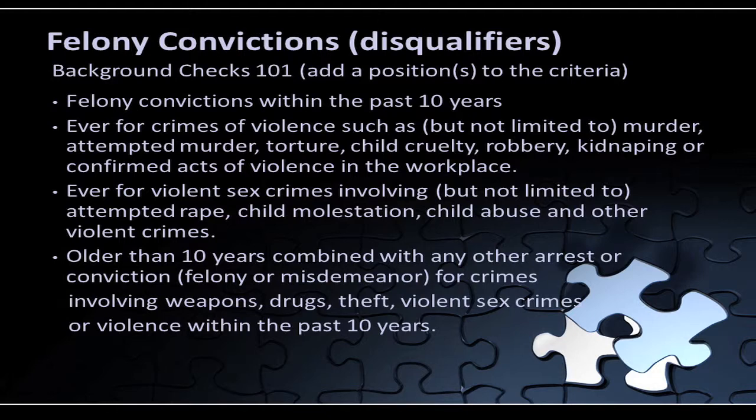Ever for violent sex crimes involving, but not limited to, attempted rape, child molestation, child abuse, and other violent crimes. Older than 10 years combined with any other arrest or conviction, felony or misdemeanor, for crimes involving weapons, drugs, theft, violent sex crimes, or violence within the past 10 years.